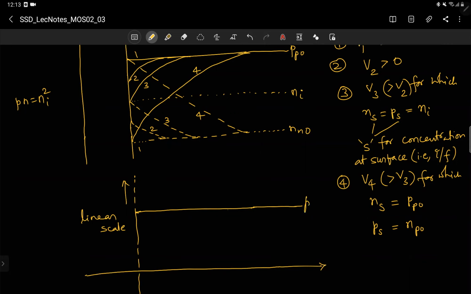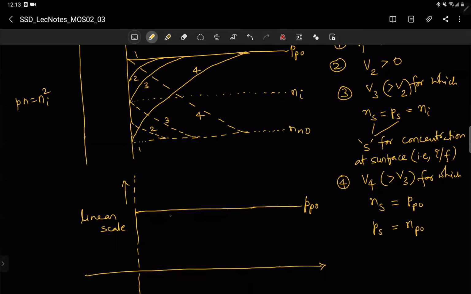So this is Pp0. Condition 1 means no charge, so the hole concentration is flat. For condition 2, V is just greater than V0, so hole concentration comes down. How much it comes down depends on the strength of V2. Let us say it has come down slowly like this.